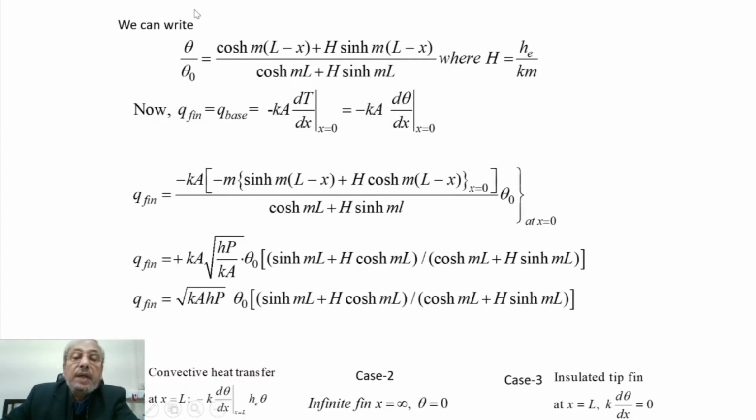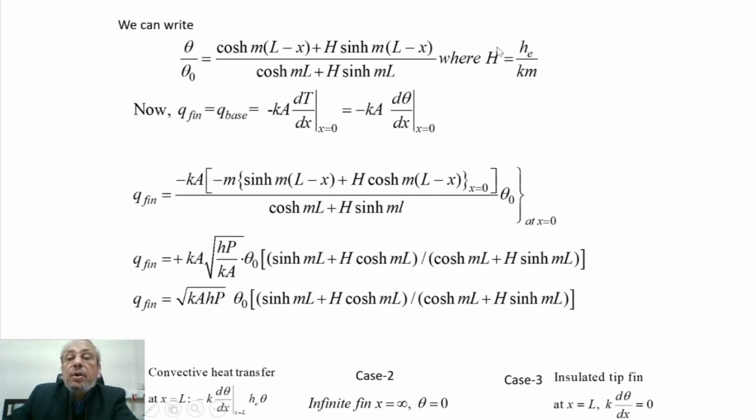So we can write it in a more arranged way, theta by theta naught equal to cosh m(L minus x) plus H sinh m(L minus x) divided by cosh mL plus H sinh mL.